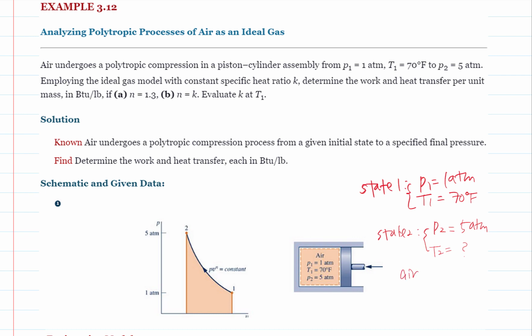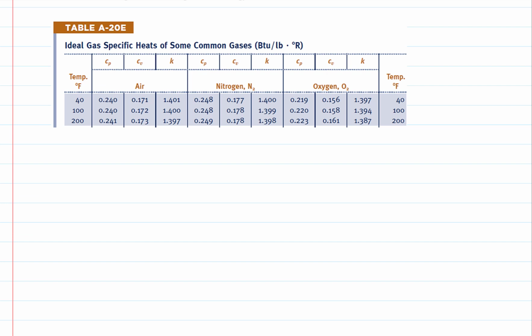Air is considered as an ideal gas, and it undergoes a polytropic process. So we are going to use the polytropic process relations for an ideal gas, and we solve it for T2.